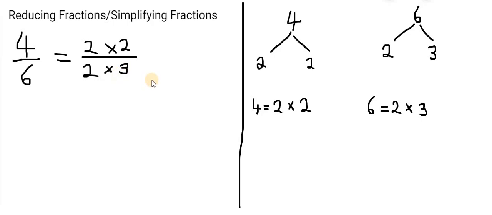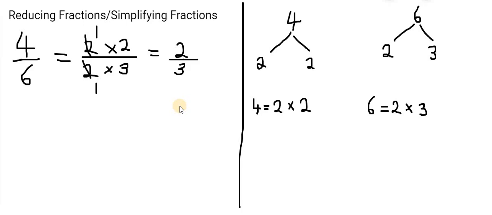Now, there's a 2 at the top here and a 2 at the bottom here. So I cancel them out for 1 and 1. Now, I can then say 1 times 2. That's 2. 1 times 3. That's 3. So, 4 over 6 simplified is 2 over 3.